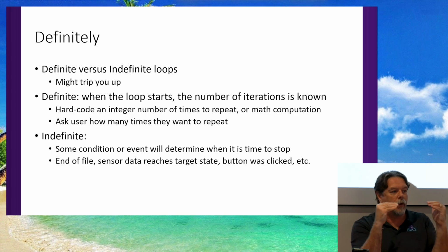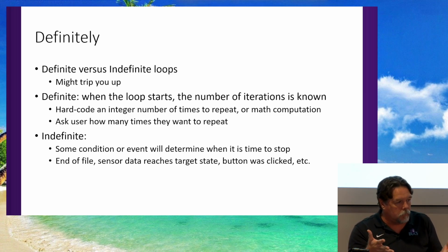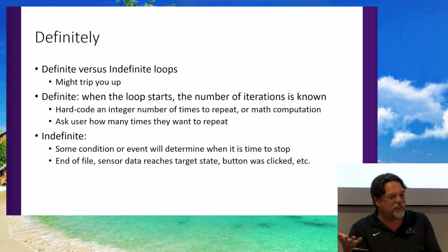When you're entering the loop, if it's already determined or determinable how many times it's going to repeat, then it's a definite loop. It's a definite loop pattern. Okay? So what is an indefinite loop? Well, when I say while true, that's an infinite loop, so it's indefinite.